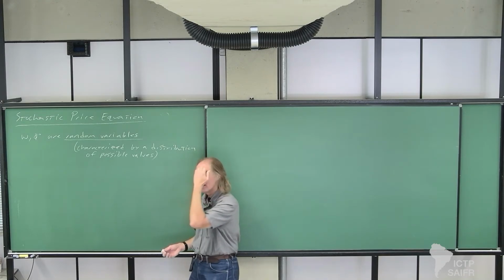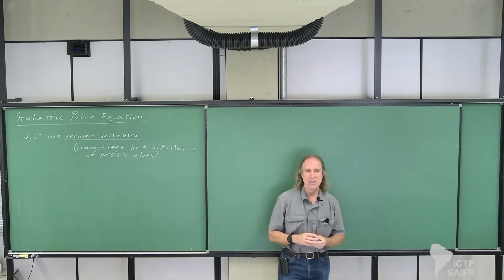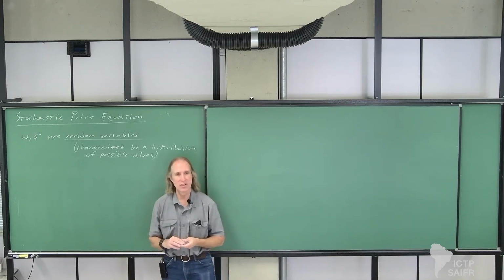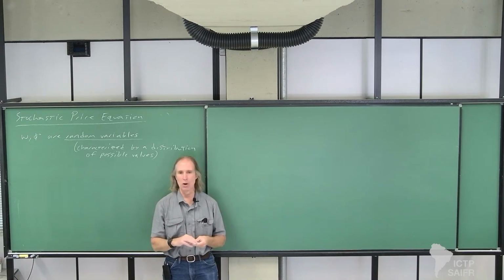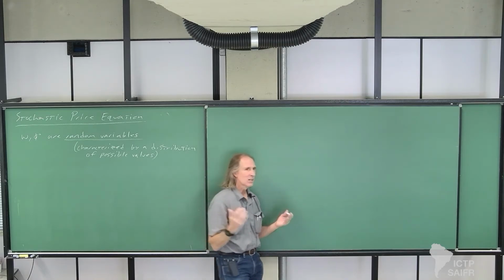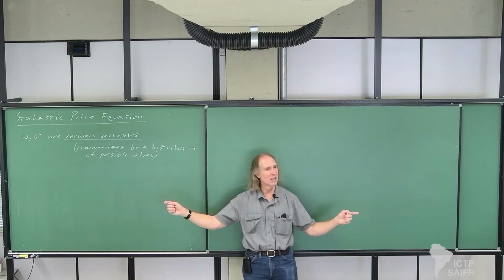I mentioned that people often assume things are normal, the variance is normal 0, 1. Some of the early, and even now it's common, stochastic population genetics does that. They add a variable and they assume that it's normal 0, 1, and they do that with fitness. And this always gets me because I mentioned this the other day, the normal distribution is defined as minus infinity to infinity, right?